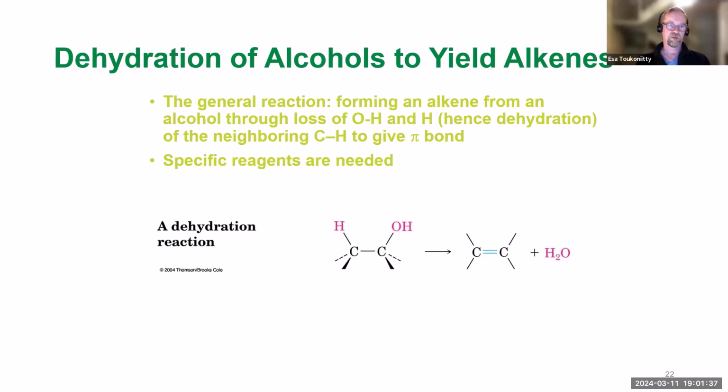If you have an alcohol and you would for some reason want to get back the double bond, this is the opposite to hydrogenation, which is addition of hydrogen, making of alcohols. Dehydration is like removal of water. So you end up with that double bond here.